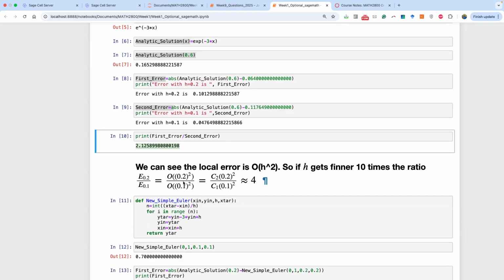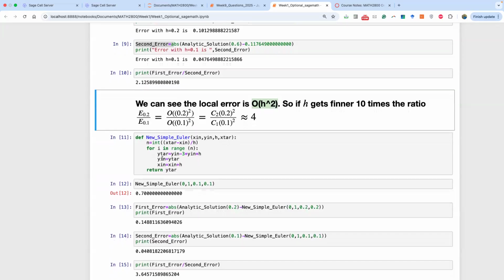We can also see the global error for the improved Euler method is like this one, and the local error for the classic Euler method is like this one as well. So it's possible to see these things, but not here. So this example is for verifying the global error of the Euler method.